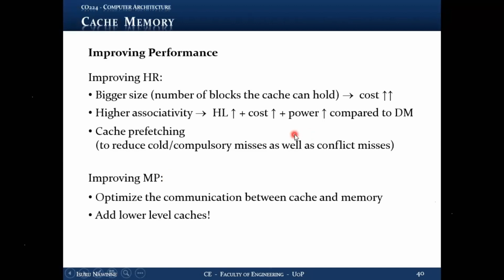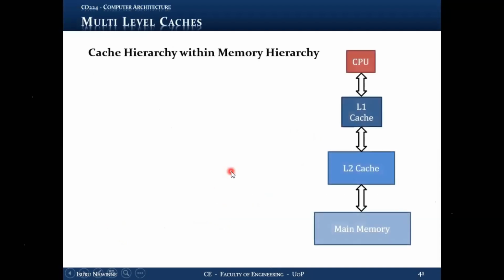One of the most common ways to do this is adding lower level caches, adding multiple caches, right? So instead of a single cache, have multiple caches in multiple levels.